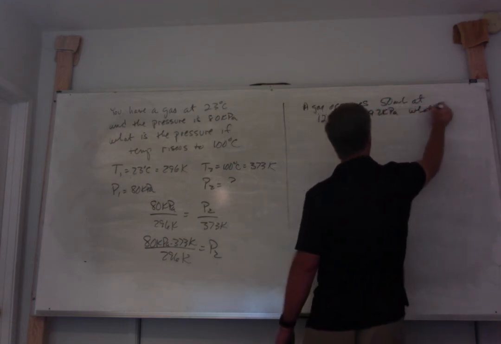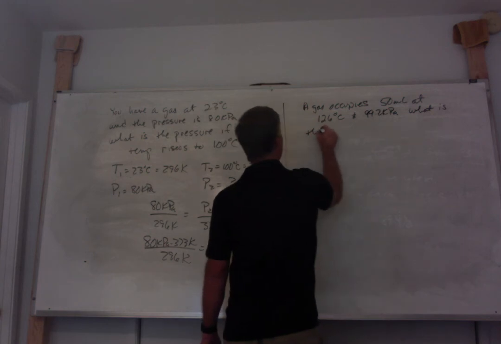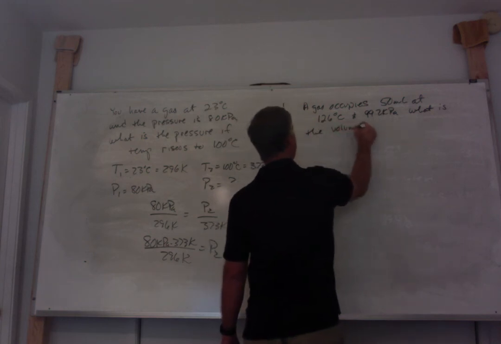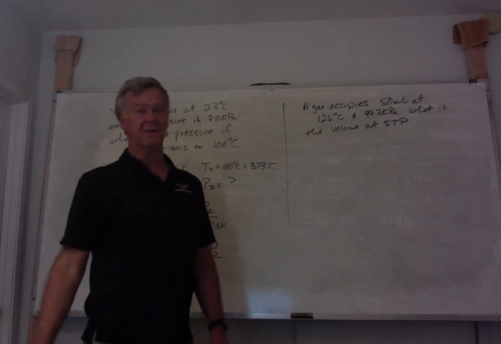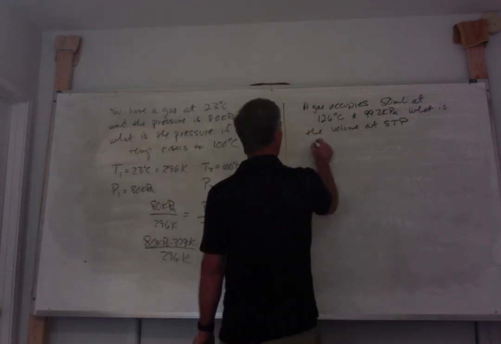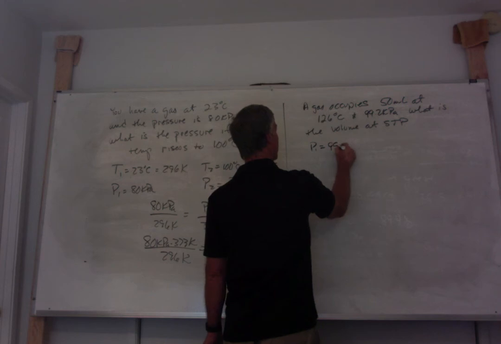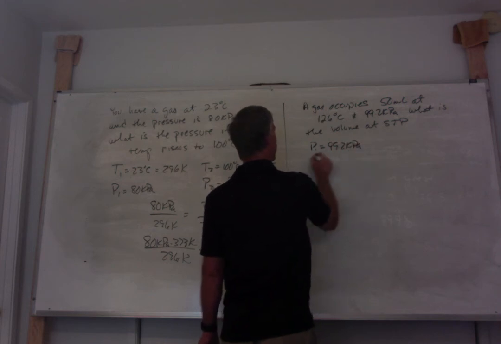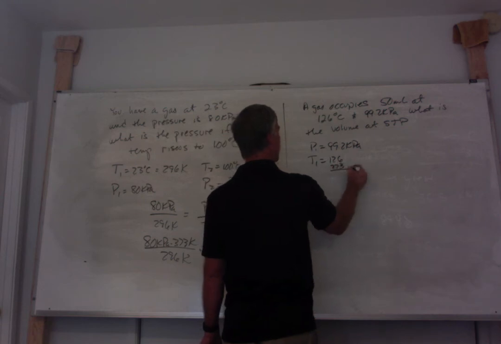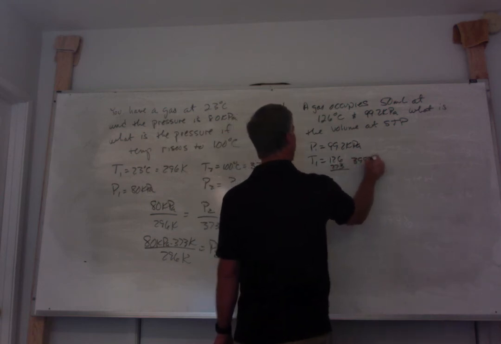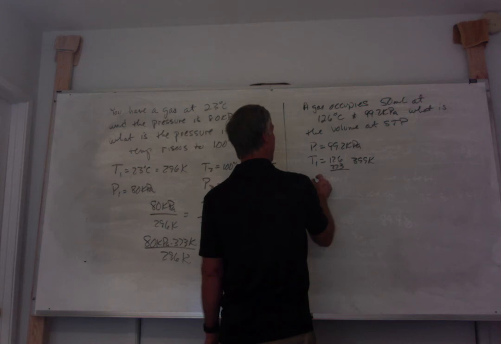What is the volume at STP? Again, the minute you see STP, you're thinking combined gas law. P1 is 99.2. T1 is 126, but add 273, that's going to be 399 Kelvin.